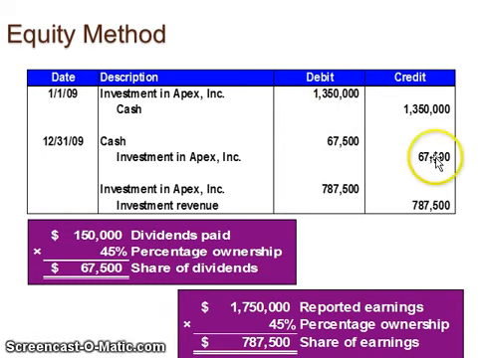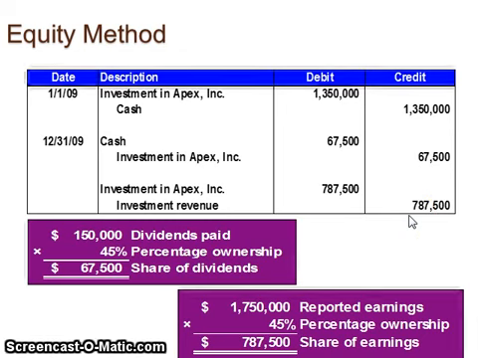Then we reduced it by the dividends, and then we increased it by a proportionate share of the earnings that the company made this year. We are going to record revenue, even though it's not technically Matrix's revenue, it's technically Apex's revenue. We are going to record that $787,500 as revenue on our income statements.